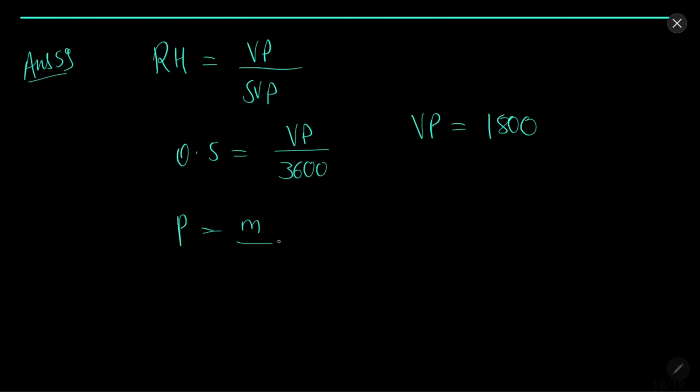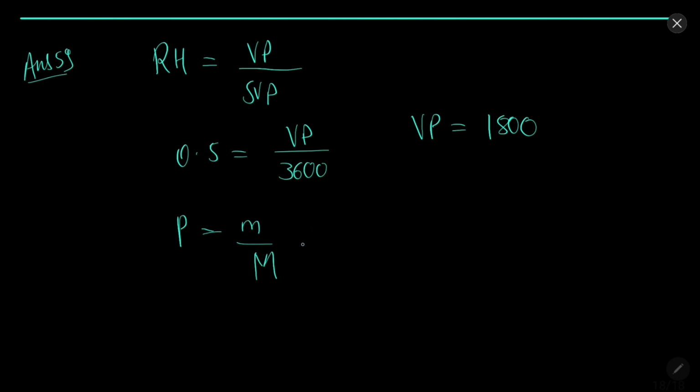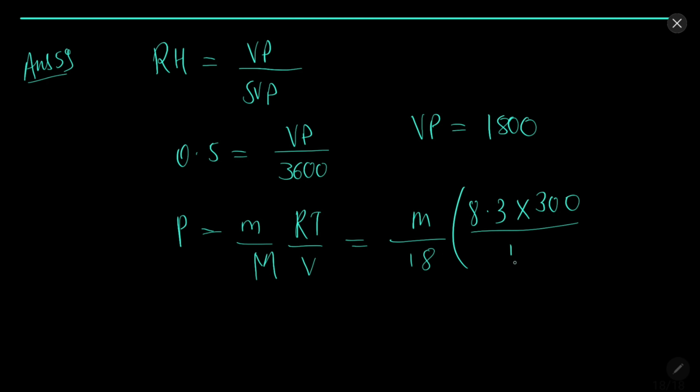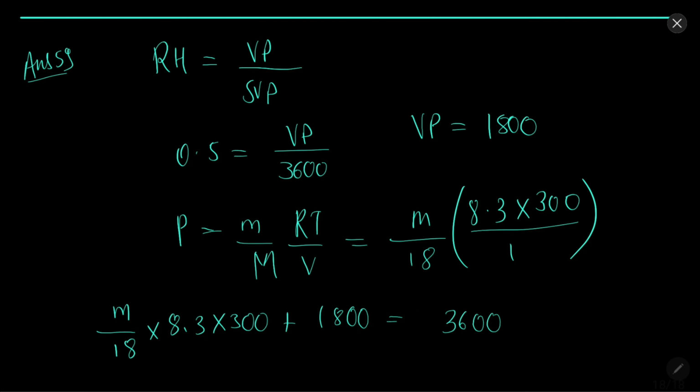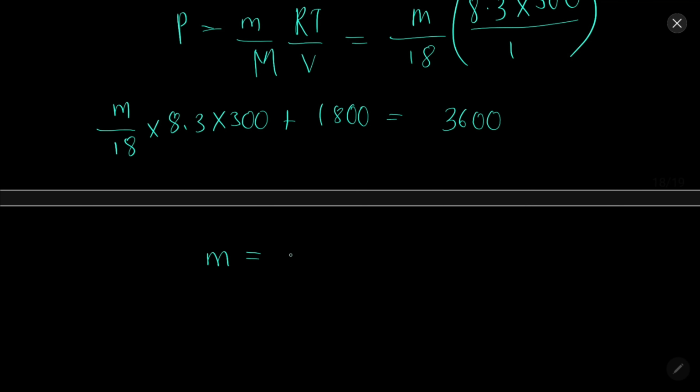P equals M RT by V, 8.3, 300. So this will be added by this, equal to 3600. So M will come out to be around 13 grams.